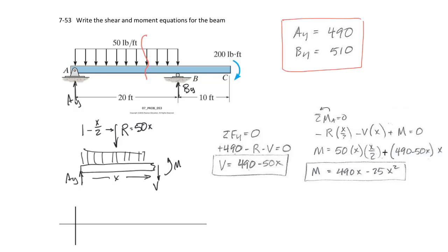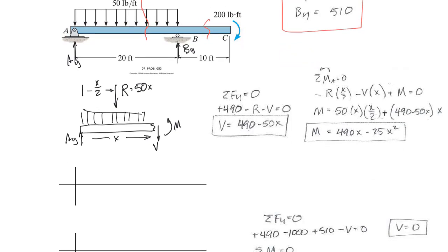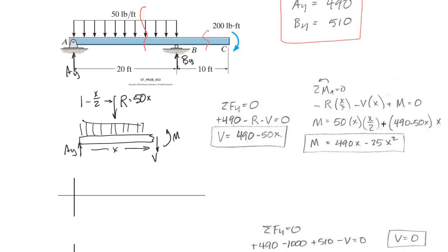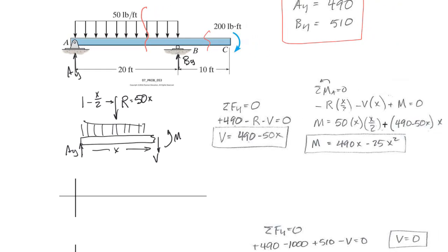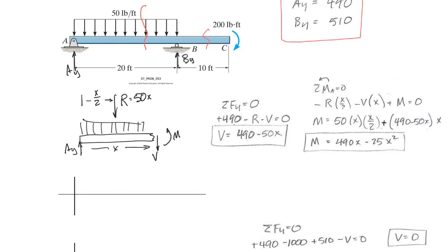Okay, how about between B and C? Let's go ahead and draw another section and draw a free body diagram of that. I'll move that up just a little bit here while I draw the free body diagram. All right, here's the free body diagram. I have AY.